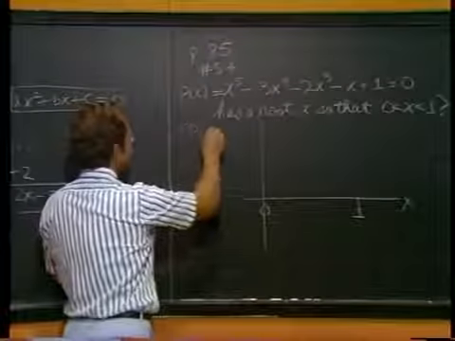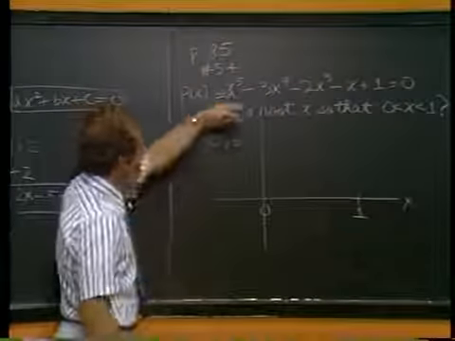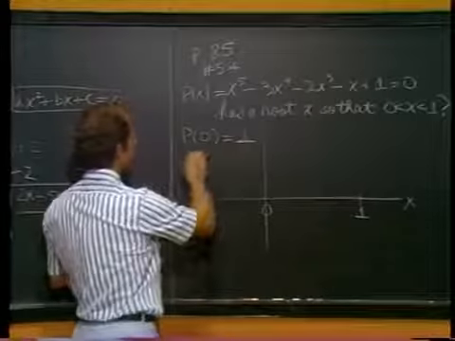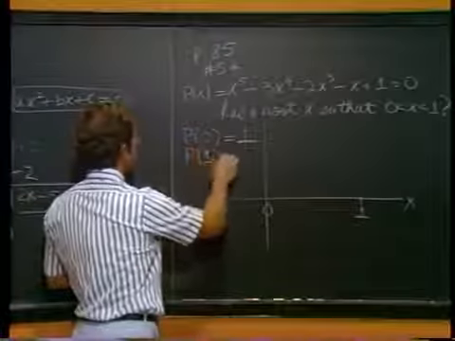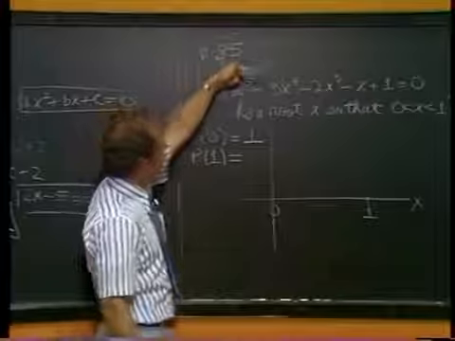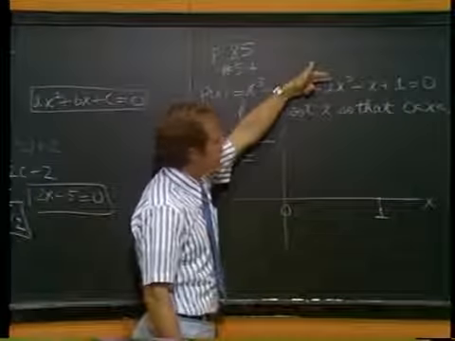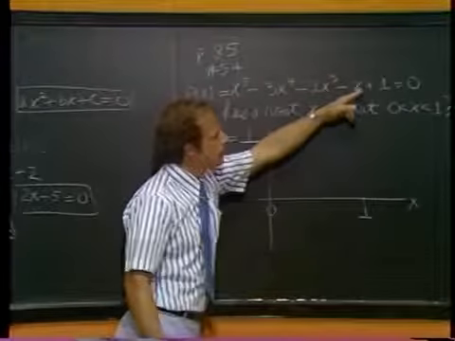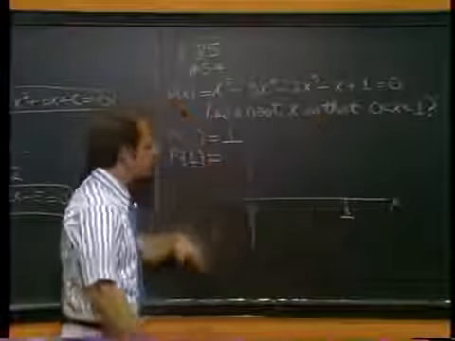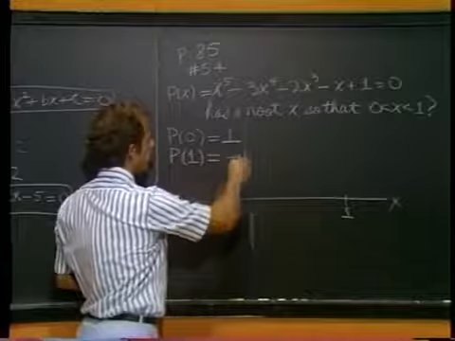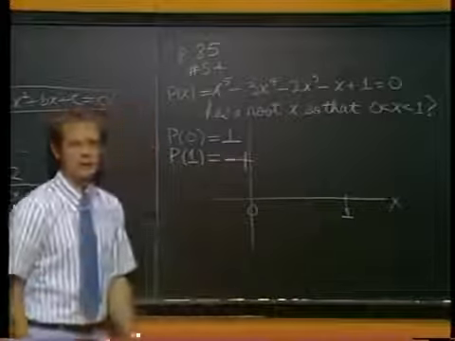What's p at 0? Well, that's easy. 1. Just put 0 in for x. How about at the right-hand endpoint? P of 1 is 1 minus 3, that's minus 2, minus 2 more, that's minus 4, minus 5, minus 4, I believe. You can check my arithmetic, but I'm pretty sure it's negative.